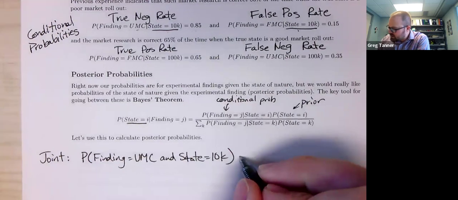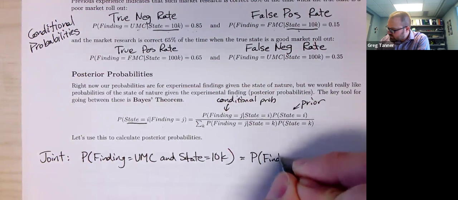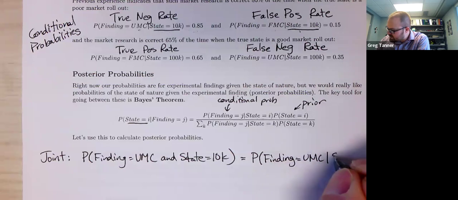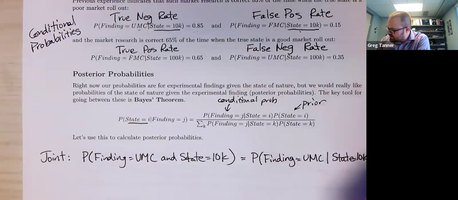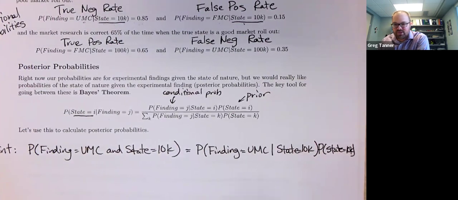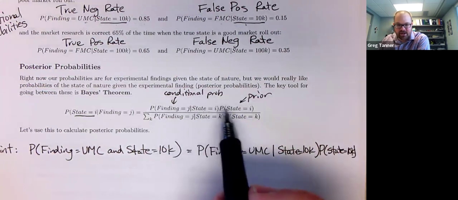This is going to be the probability of finding equals UMC given state equals 10K, times the prior probability of state equals 10K. Can I fit it in there before I run off the edge of the paper? Ooh, barely. So that's essentially one of the terms that looks like the top of the fraction.